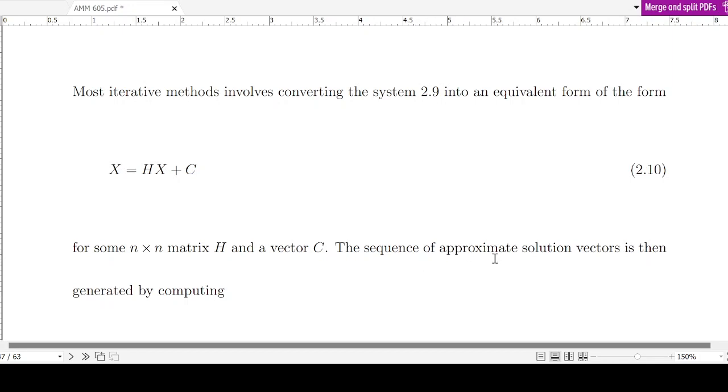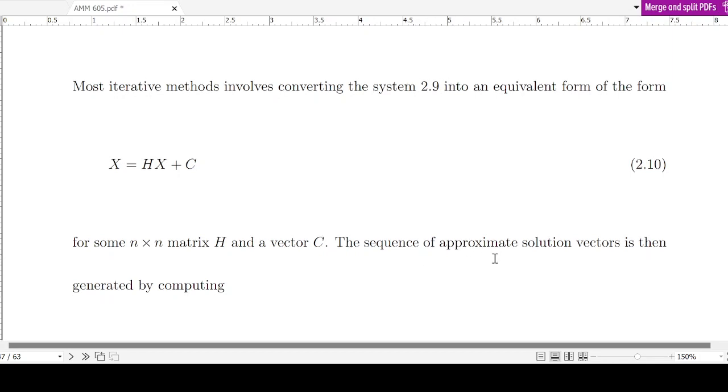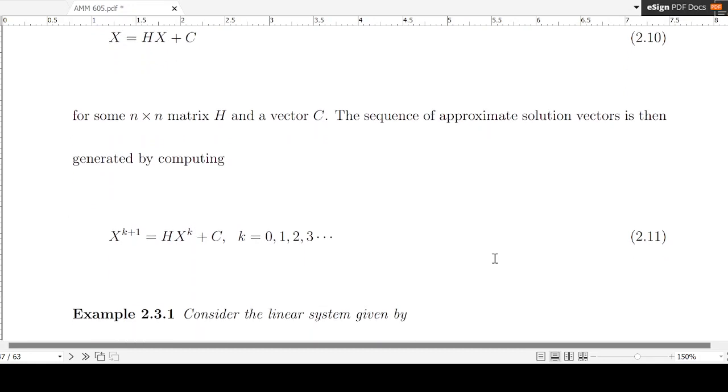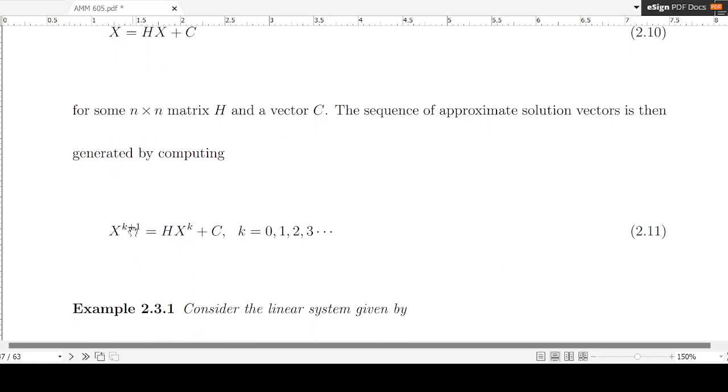Now the sequence of approximate solution vectors is then generated by computing x(k+1) from xk. So given xk, starting with k = 0 for the initial approximation, you compute x1, then given the x1 that you have obtained, you compute x2, and so on and so on.